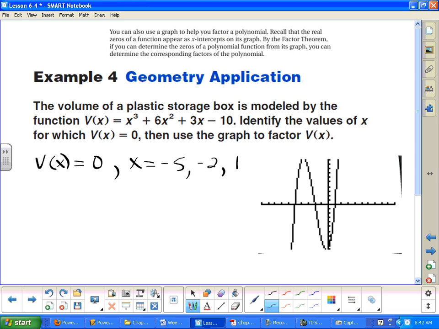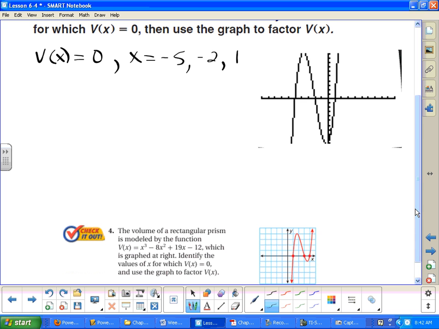Now, do you remember when we were solving quadratic equations by factoring, we were looking at finding the zeros, right? So let's take an example here. If I had x squared minus 6x plus 8 and want to solve it by factoring, what would I get? 4 and 2, right?